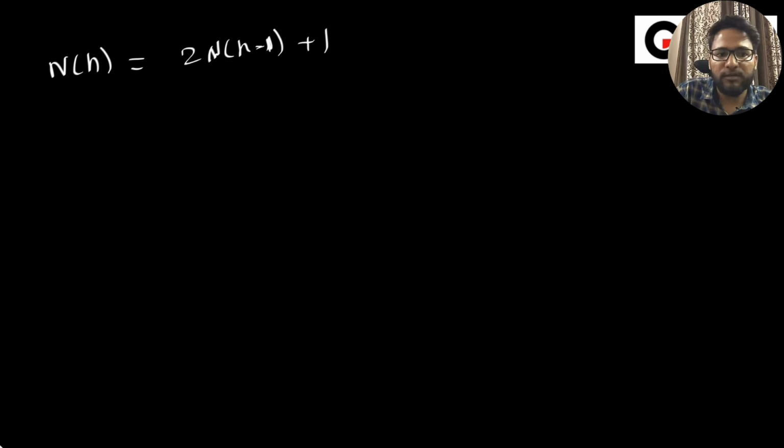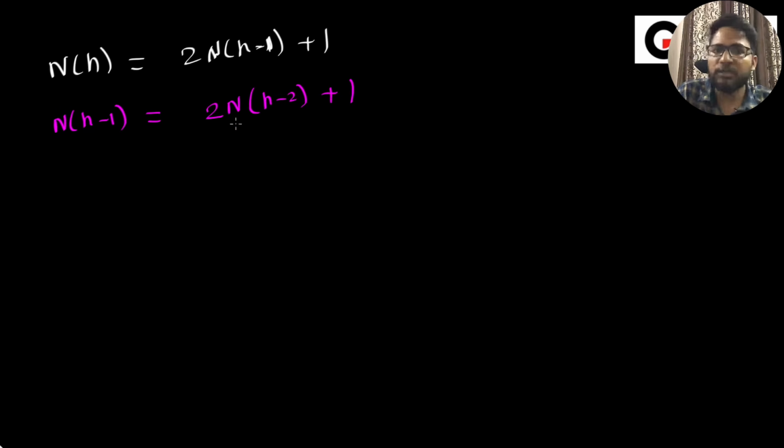So nh is 2 into nh minus 1 plus 1. Now, what will be nh minus 1? Can you tell me? nh minus 1 will be 2 into nh minus 2 plus 1. Instead of h, just put h minus 1 everywhere.